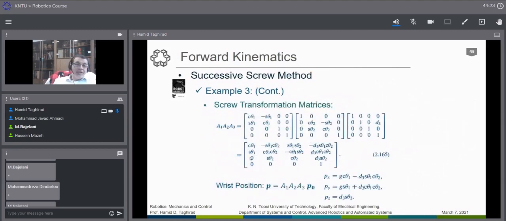Basically, you find A1 to A6, and usually since we have an arm and a wrist, we can have two kinds of position. We can have a simpler one where we just don't consider the wrist. If we consider the P position, then it is much easier to find the position of the outreach of the robot at the forward kinematic, which is Px, Py, and Pz.